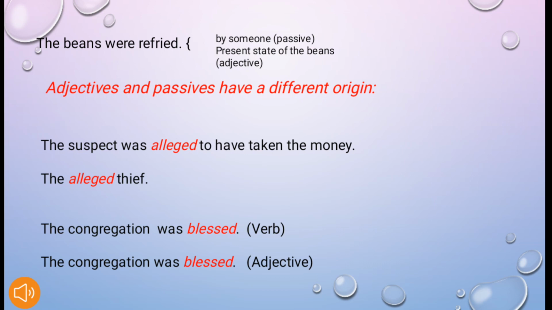We also have another example: the suspect was alleged to have taken the money, and then the second one, the alleged thief. As you can observe, there is a difference in pronunciation but the spelling is the same. Why? It is because some adjectives can also have their own origin. Remember that. In the suspect was alleged to have taken the money, alleged is the passive.